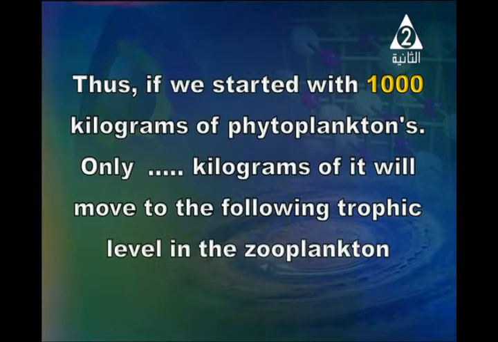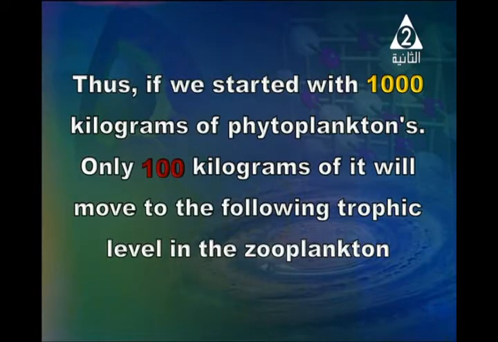Thus, if we start with 1,000 kilograms of phytoplankton, which is in the first trophic level, only 100 kilograms will move to the following trophic level, the zooplankton. So we keep losing 90% at each level.